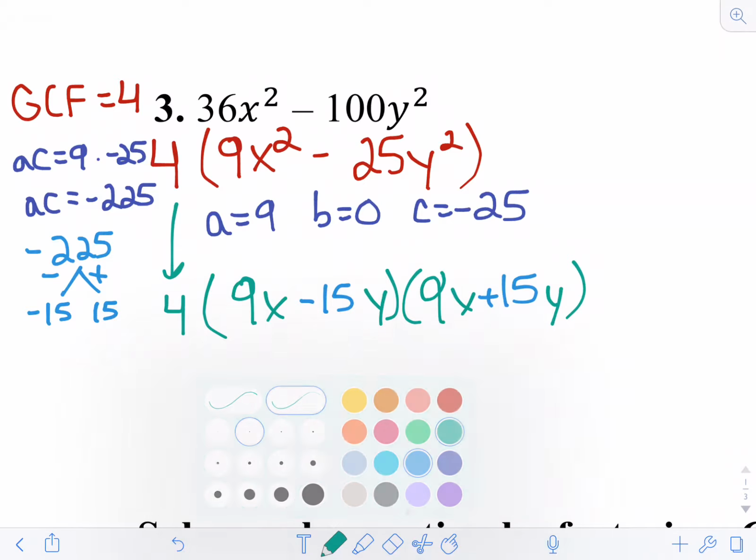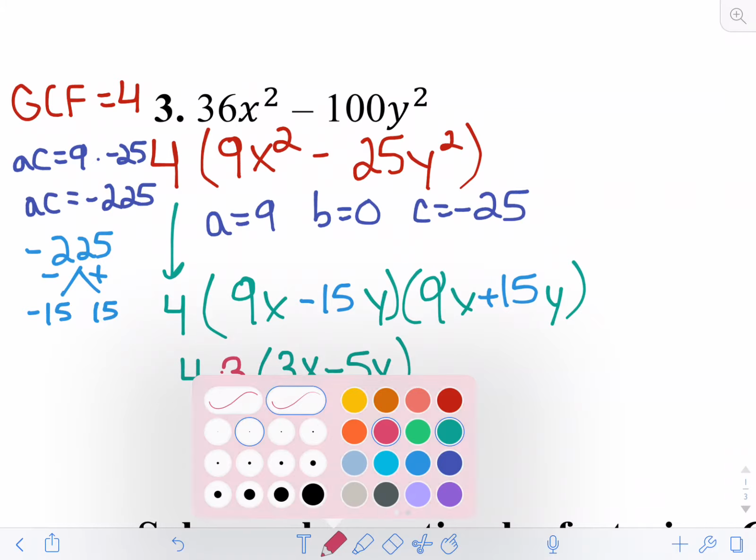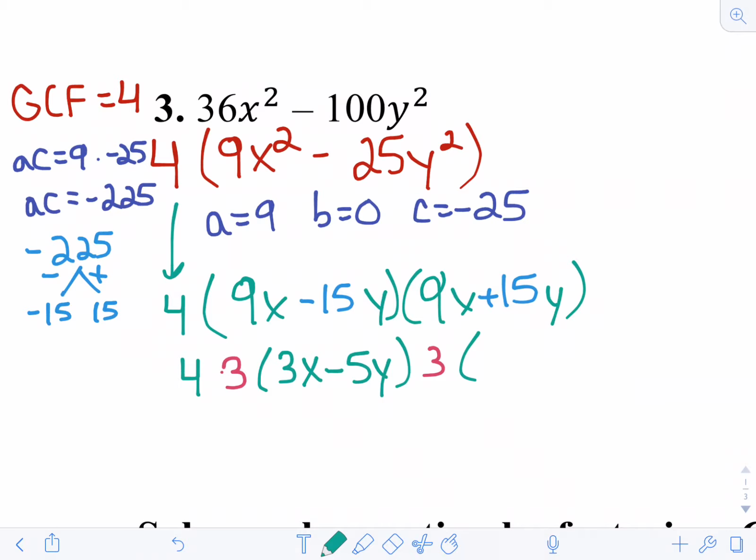Okay, so you still have this 4. Now we have to see, is there a number that I can pull out, another greatest common factor, and there is. And that number is going to be a 3. So what I have left over is 3x minus 5y, and I can also pull out a 3 over here. So I have left 3x plus 5y.